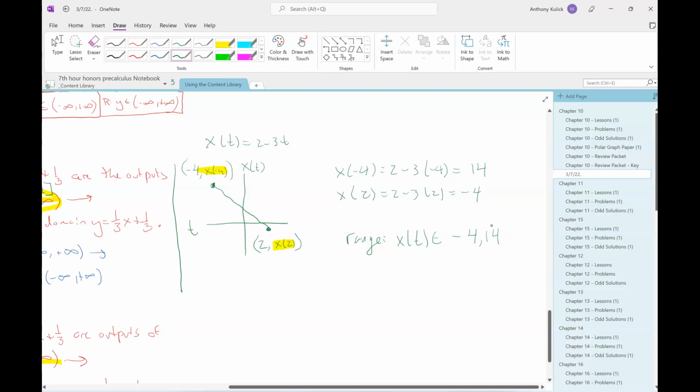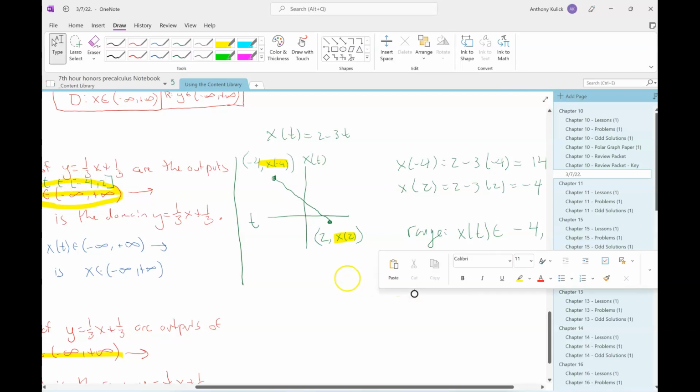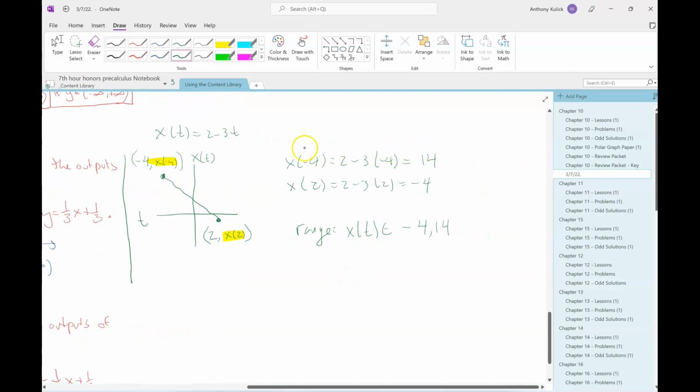And because my interval for the parameter was closed at both ends, right? I had a bracket on the -4 and a bracket at the 2. I know that the y coordinate associated with the -4 should have a bracket on it, and the y coordinate associated with the 2 should have a bracket on it.